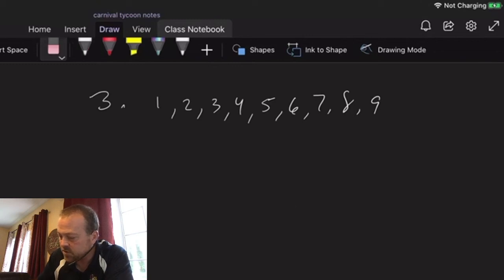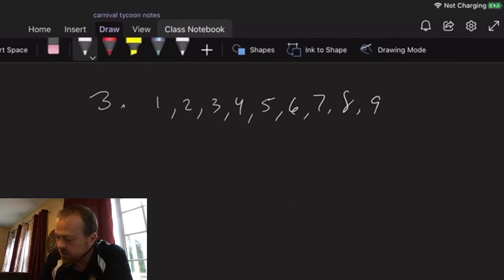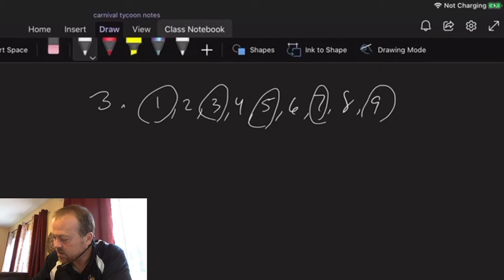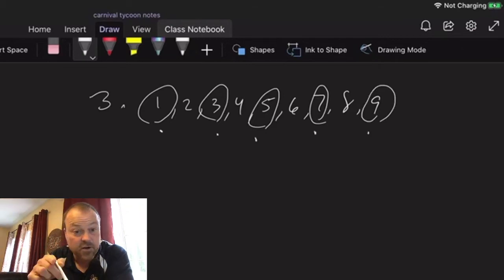Which ones of those are odd? Well, 1 is odd, 3, 5, 7, and 9. That's 1, 2, 3, 4, 5. There's where our 5 out of 9 comes in. So a 5 out of 9 chance of getting an odd number on a spinner disc.